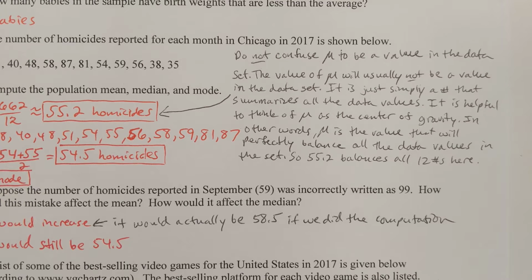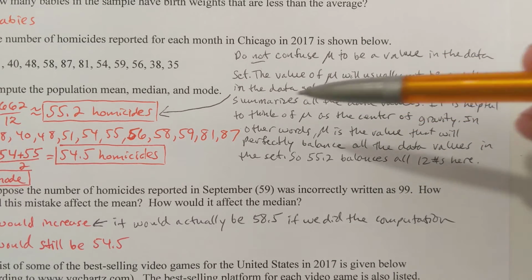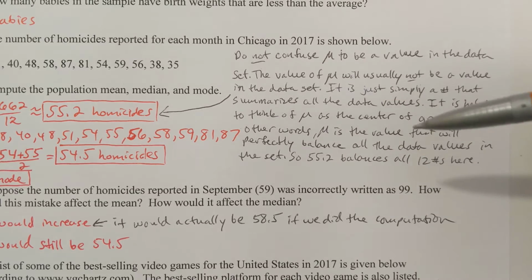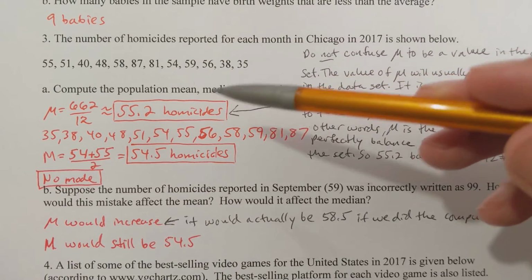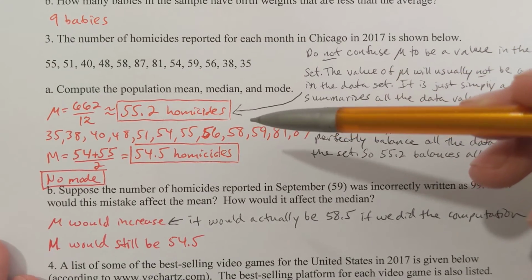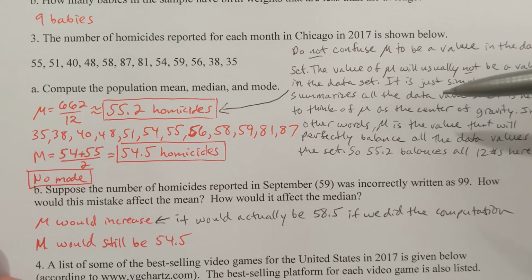In other words, mu is the value that will perfectly balance all the data values in a set. If you put all 12 numbers on a scale, 55.2 would be the one that would balance all 12. But none of the values are 55.2. That's all they're saying there.